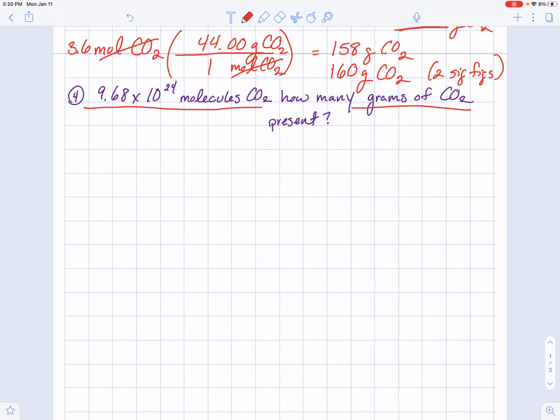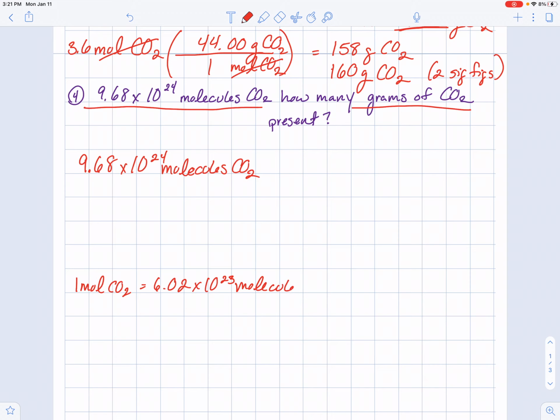So I always start by writing my given, 9.68 times 10 to the 24th molecules of CO2. And I remember that my definition for the mole is that 1 mole of anything, so 1 mole of CO2 is equivalent to 6.02 times 10 to the 23 molecules of CO2.